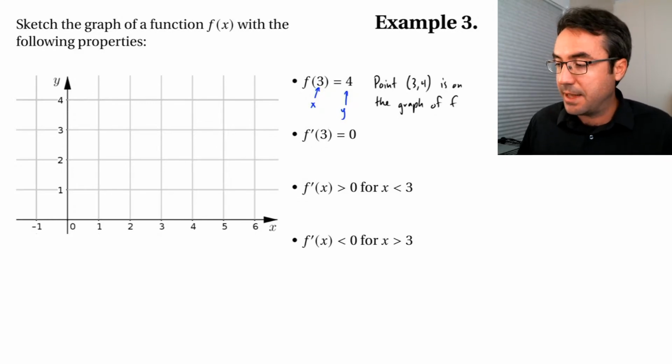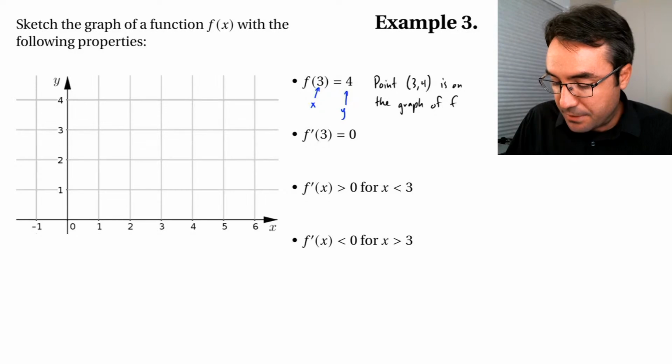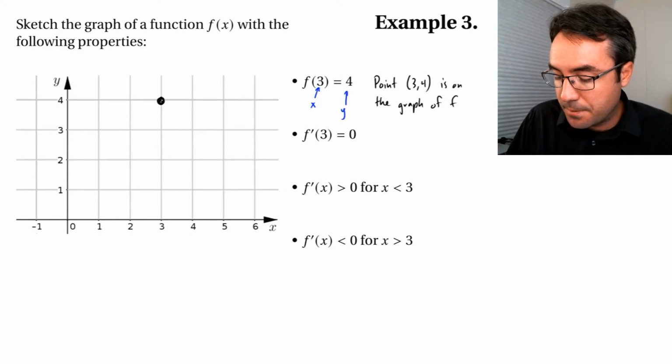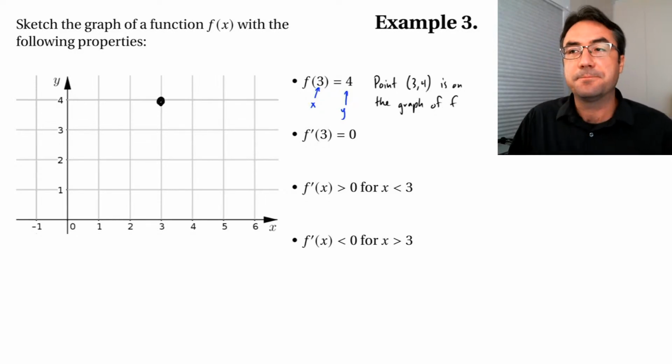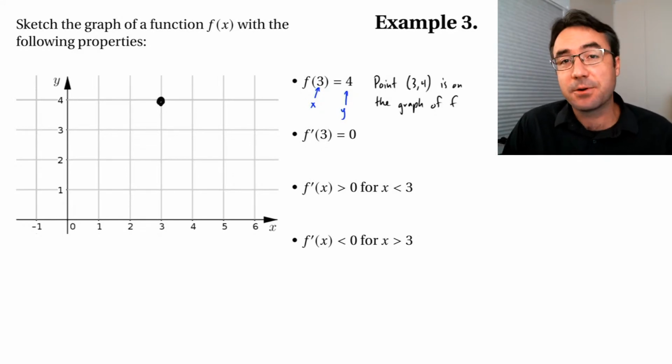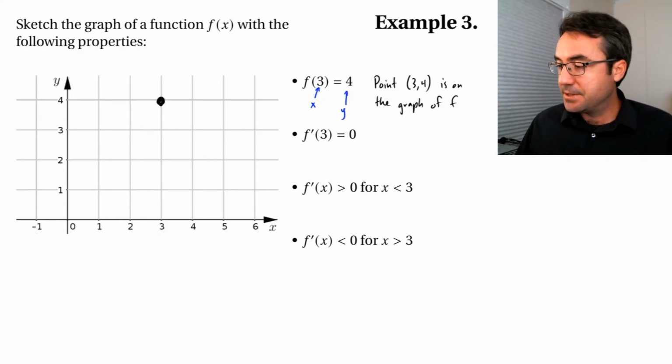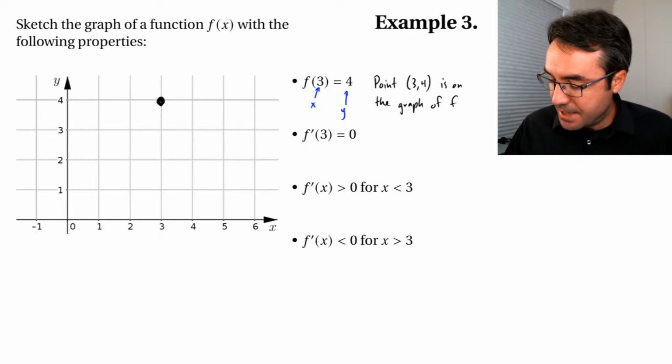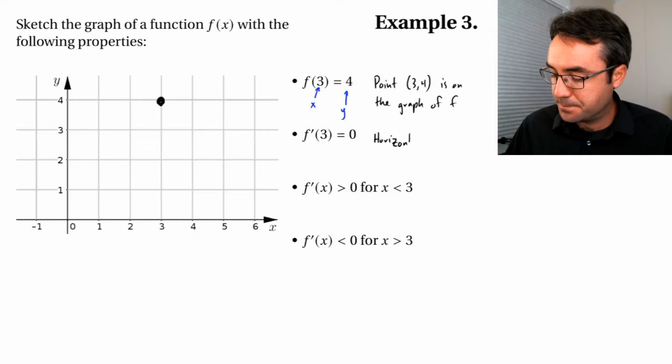So let's plot that point. So we find 3, 4, and we're going to plot a point there. All right. Now let's look at the next piece of information. It says f prime of 3 is equal to 0. And what this tells us is that we have a horizontal tangent line at x equals 3.